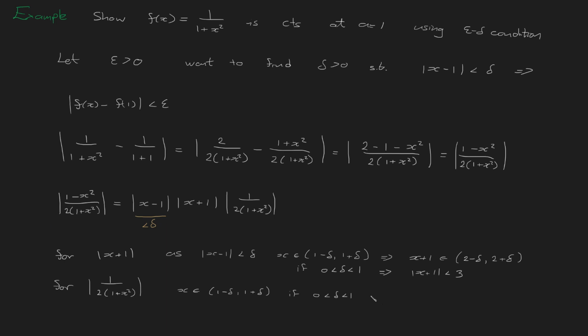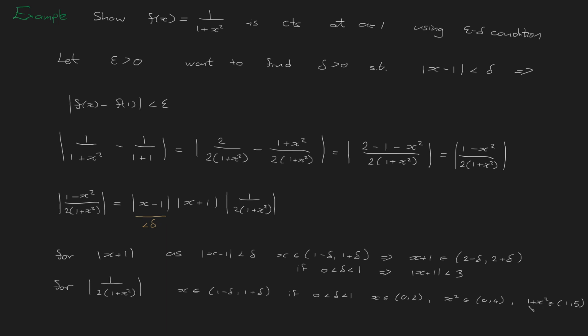So x is an element of (0, 2). x squared, because that's what's featuring here, is an element of (0, 4). And then 1 plus x squared is an element of (1, 5).